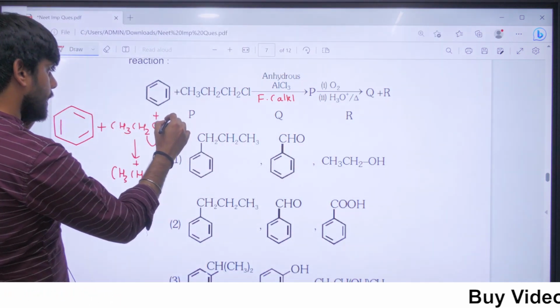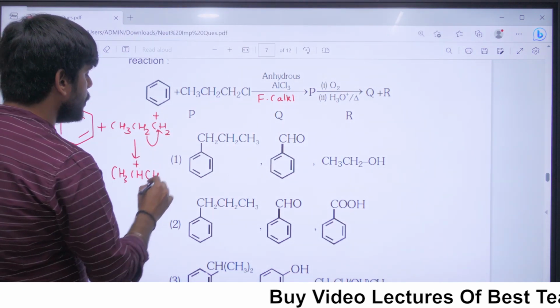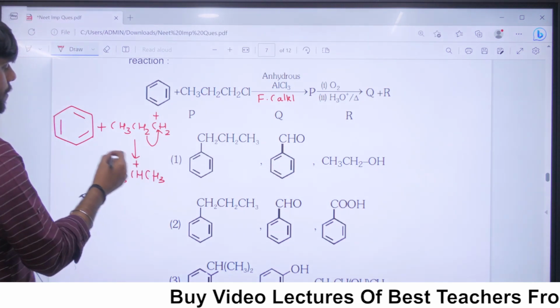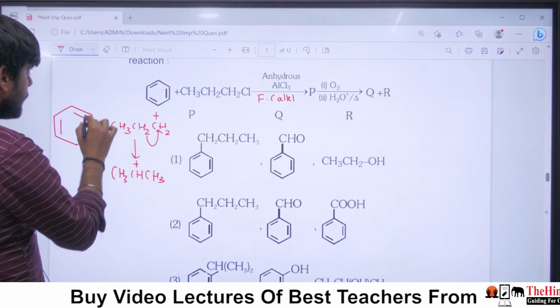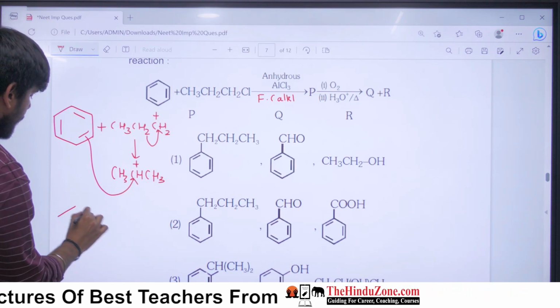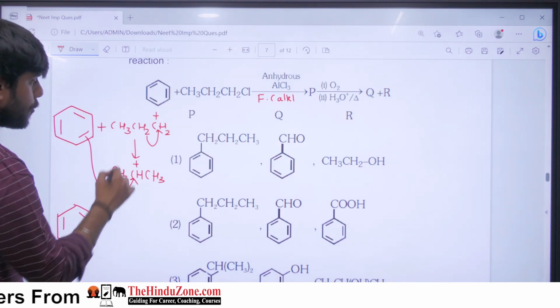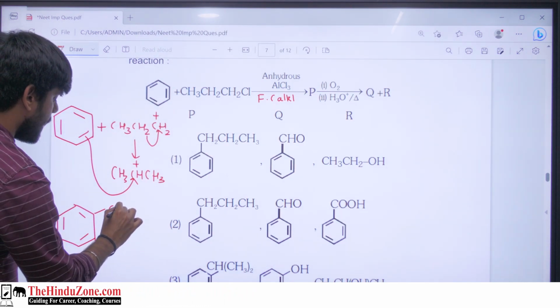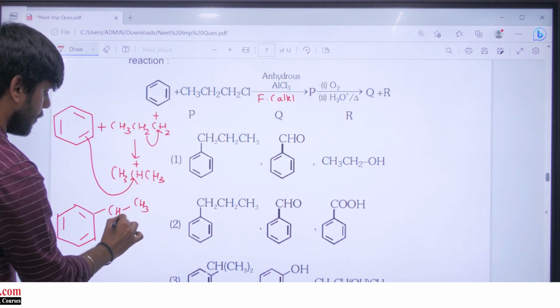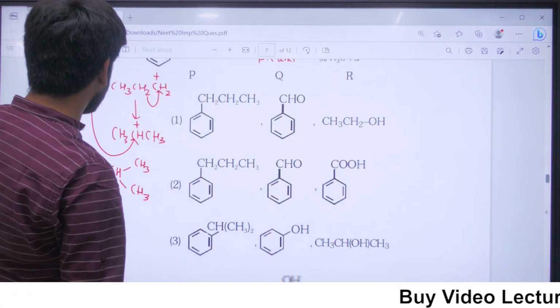So it was 1 degree at first, and by hydride shift I get a 2 degree carbocation, which is obviously more stable. Then this will attack on this particular carbon, and instead of propyl benzene, I get isopropyl benzene.